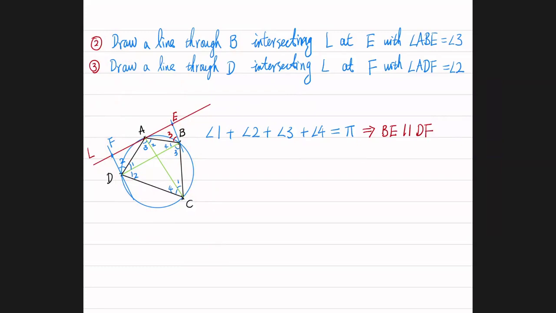This is the Euclid fifth postulate, also known as the parallel postulate.